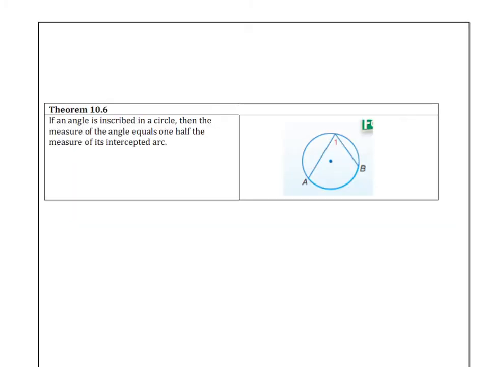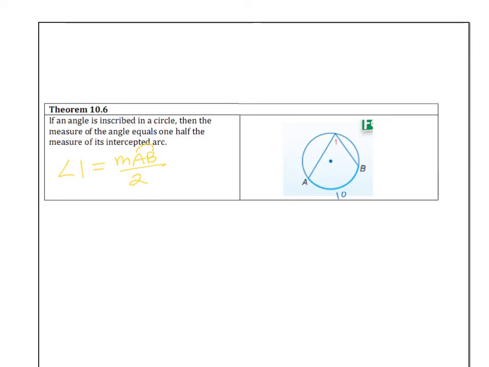Now here's some really important information. It says if an angle is inscribed in a circle, then the measure of the angle equals 1/2 the measure of the intercepted arc. So in other words, angle 1 is going to equal the measure of arc AB divided by 2. So let's just put a number out there.